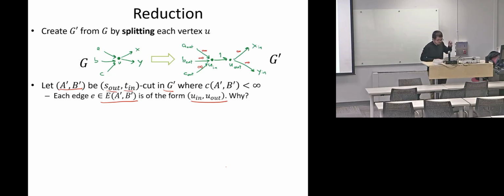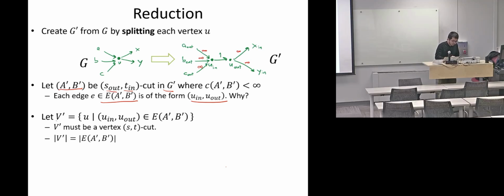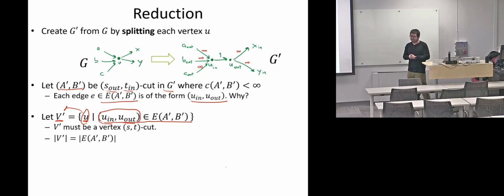And so once you have this, now I can define V prime to be a set of nodes U that correspond to the edges crossing the cut, because the edge crossing the cut is of this form. So if it's U in to U out, then I just put U into my V prime. And V prime then corresponds to a vertex ST cut, and the size is the same as the min cut in G prime.